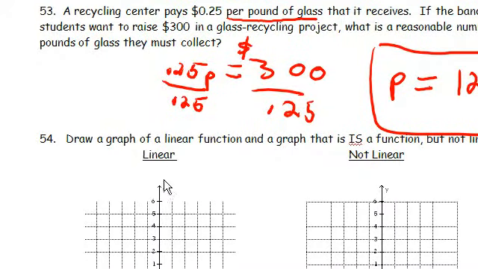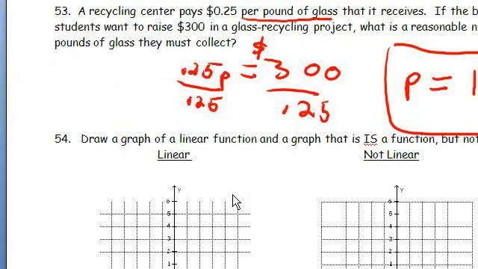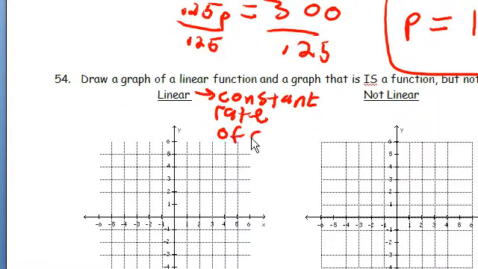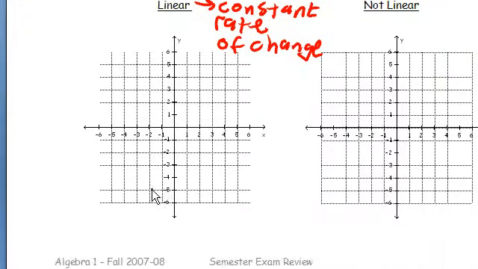Draw a graph of a linear function and a graph that is a function but not linear. Okay, well, linear means it's a constant rate of change, which means that it's a straight line, so I'll just draw a straight line on here.